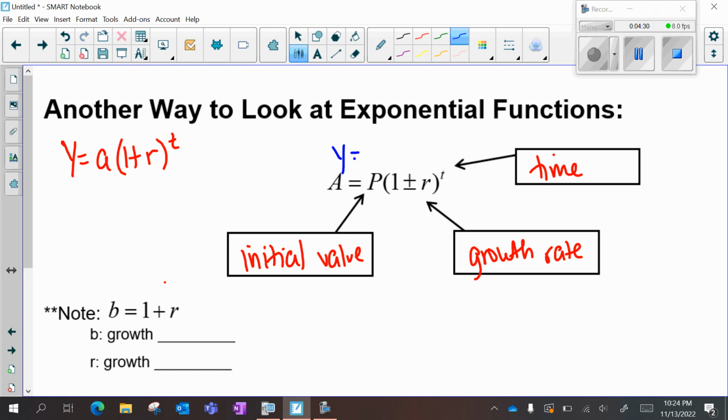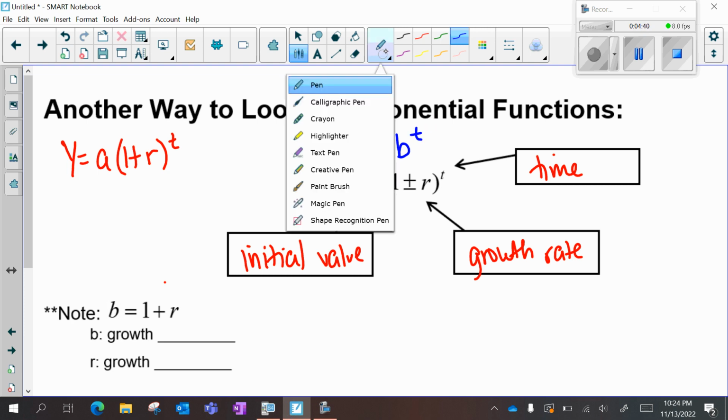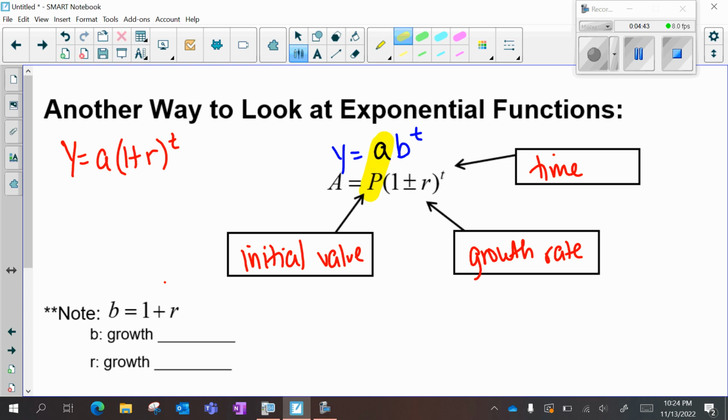So if I write y equals a b to the x, or we could even change this x to a t, I want to compare my two. My initial value is my a or my p. My exponent is t. So this piece here is related to that piece. And that's what this says down here. B is equal to 1 plus, or of course, minus r. So if it is growth, it's going to be 1 plus r.